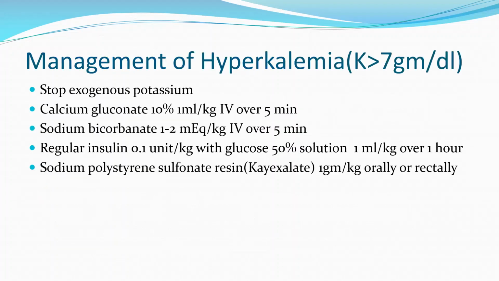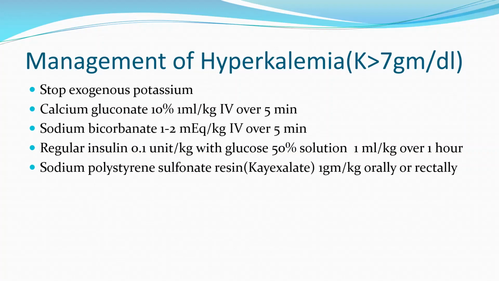The next is medical management of renal dysfunction in the case of hyperkalemia. When the potassium is greater than 7, there should be stopping of exogenous potassium and give calcium gluconate 10% 1 ml per kg IV over 5 minutes. And also give sodium bicarbonate 1 to 2 MEq per kg IV over 5 minutes.